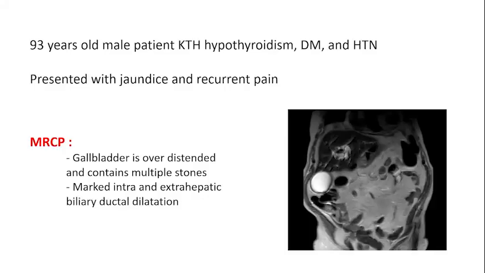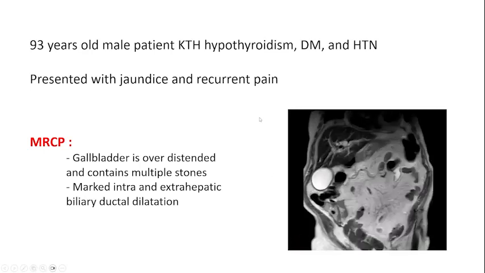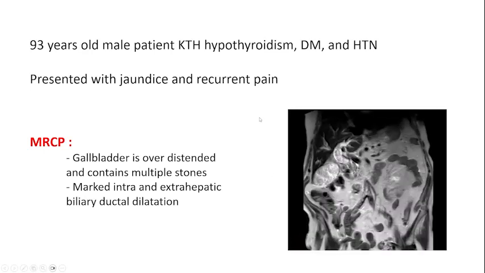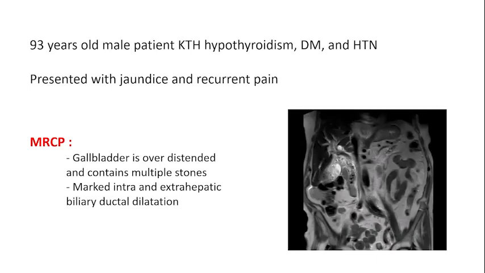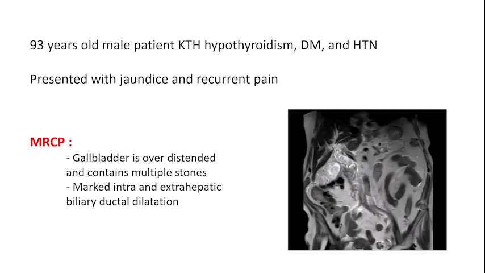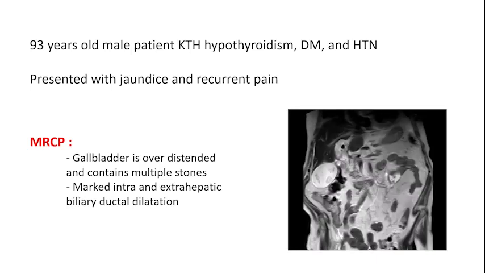Our next case is a 93 male patient with a past history of hypothyroidism, diabetes, and hypertension. He presented with jaundice and recurrent abdominal pain. Here, as we see, the MRCP showed an over-distended gallbladder that contains multiple stones with a marked intra and extrahepatic biliary ductal dilatation.